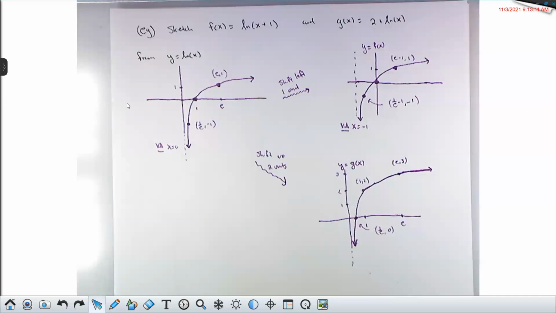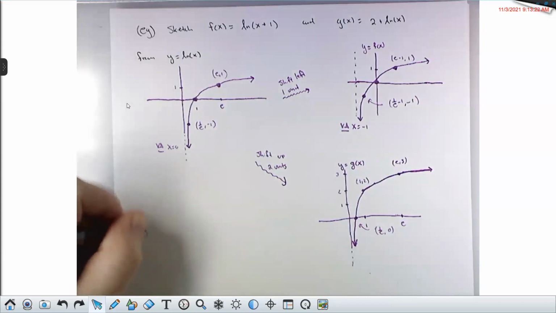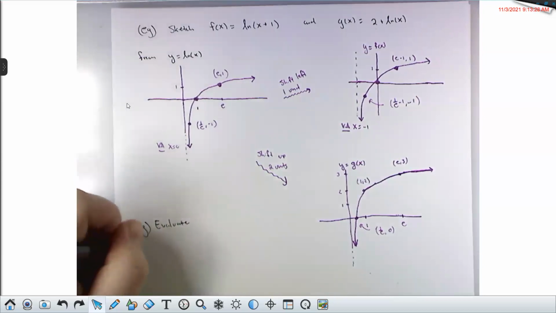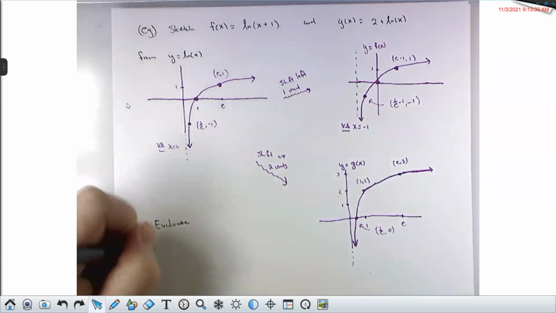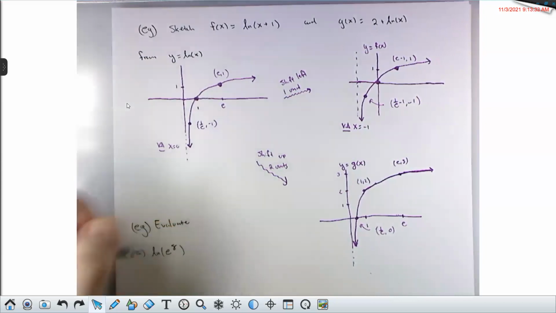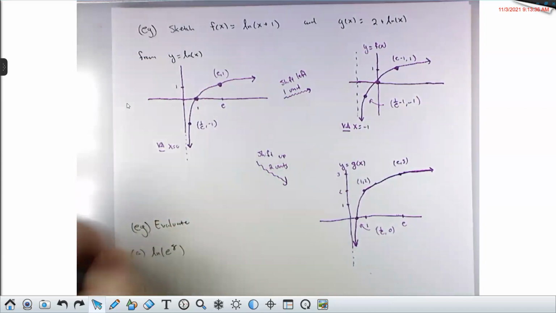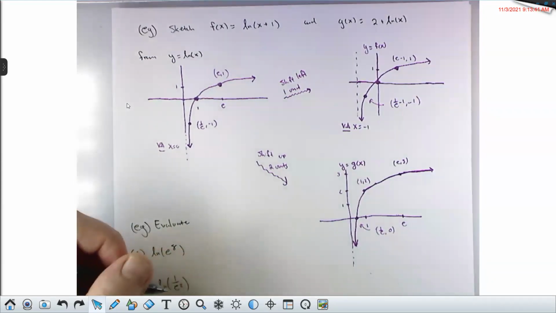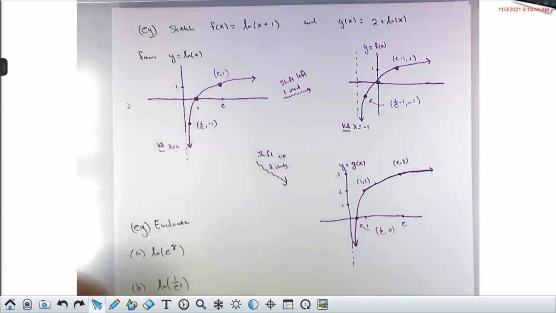Before I let you go, because we do have just a couple minutes remaining, I want to evaluate the natural logarithm at a few numbers. Just more practice evaluation. So we'll look at the ln of e to the 8, the ln of 1 over e squared, and the ln of 1.